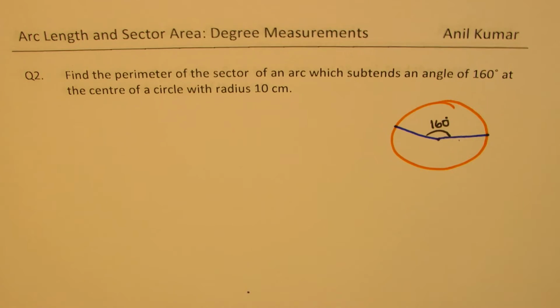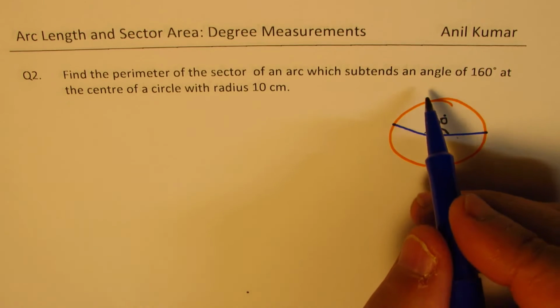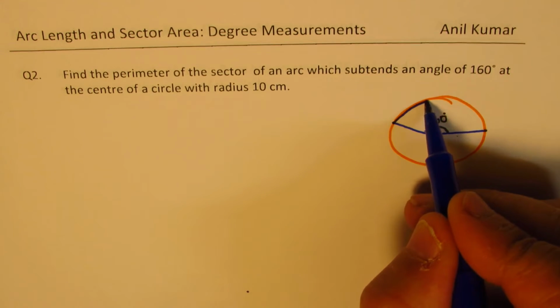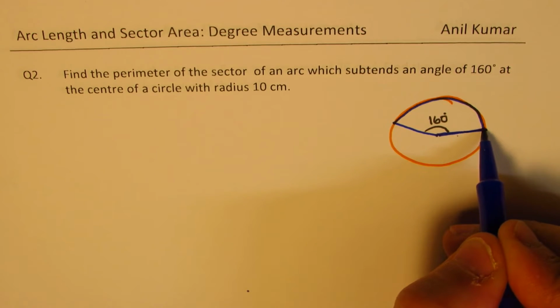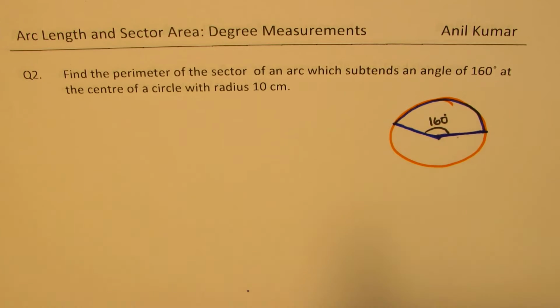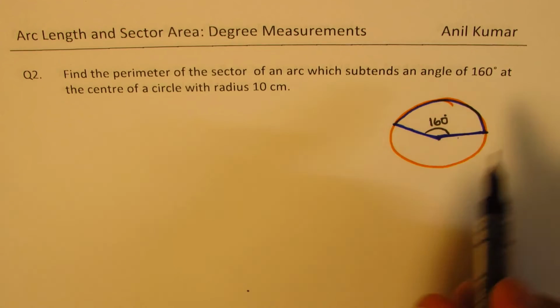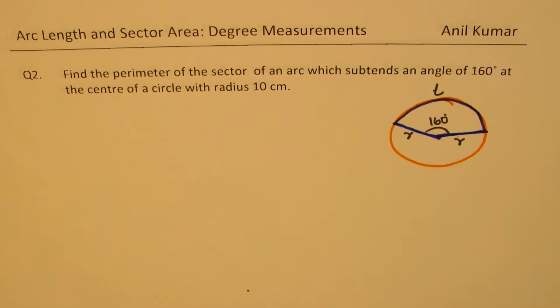Now, we need to find the perimeter of the sector. The perimeter means we have to find this arc length and add this to the radii. Do you understand this? So, in a way, it is similar to the previous question. So, let's first find the length of the arc, L, and these are our radii.